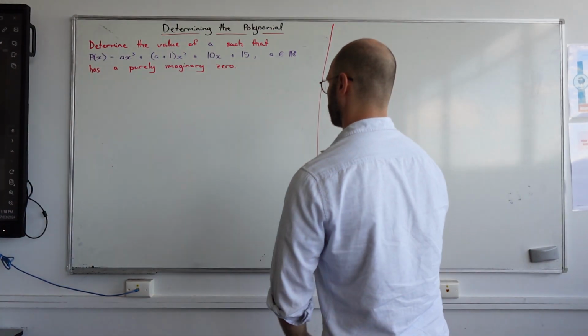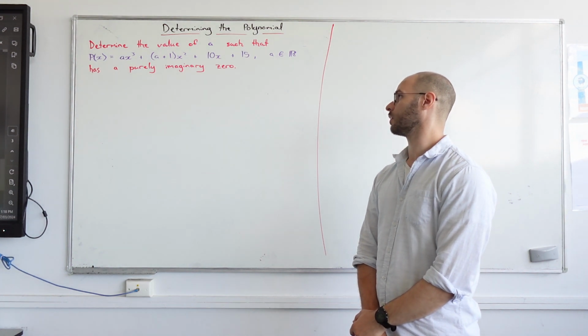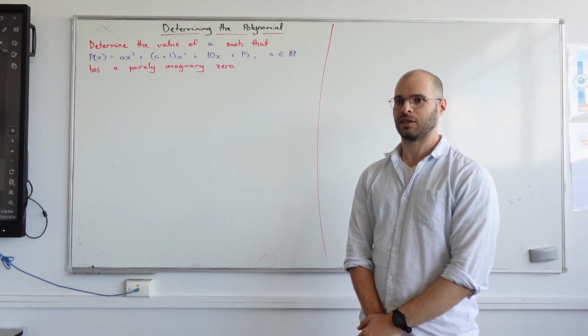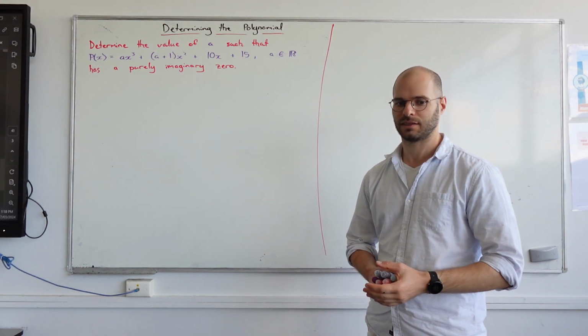Cool. So we've got a different situation here where we have a polynomial with an unknown in it, and the only hint is that we have a purely imaginary zero.